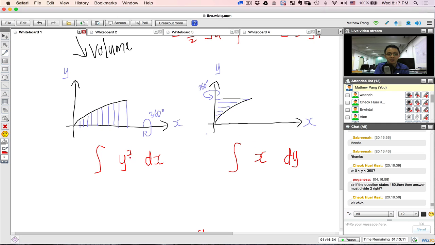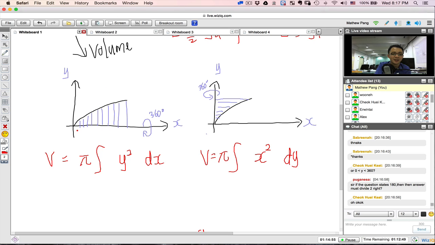You integrate y squared, you get volume. So integrate x squared, you get volume. And then to get the answer, you have to add a pi. This is the formula for volume. Remember to always add the pi. And I recommend you put the pi outside of the integration. It makes your life very easy.